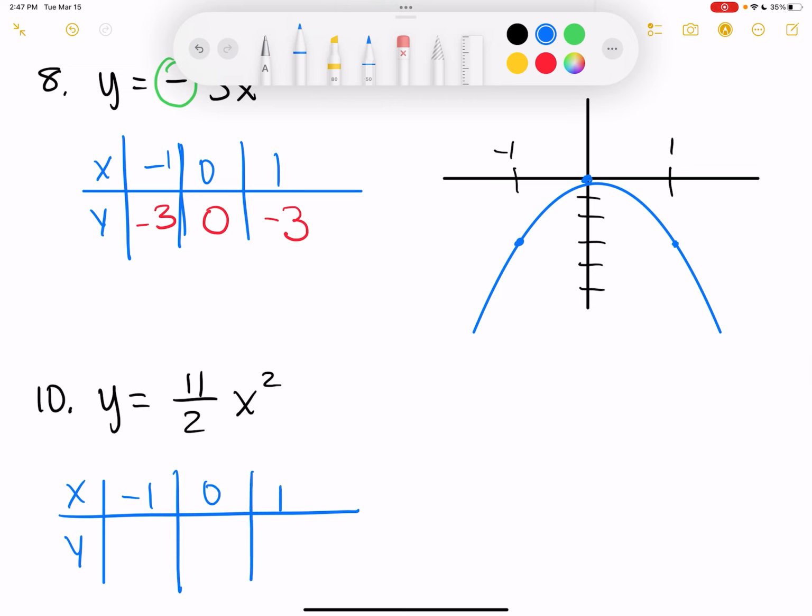All right, negative 1, 0, and 1. Negative 1 squared is 1, times 11 over 2 is 11 over 2, which if you prefer to think of it, would be 5.5 as a decimal.